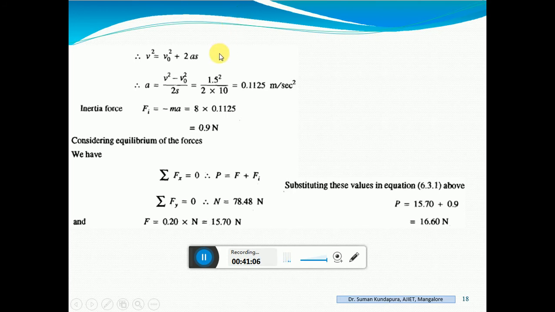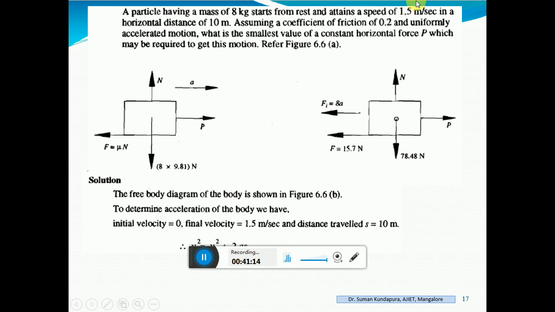Now I want to know what is the acceleration, correct? Acceleration is not given anywhere in the problem. They've given you the speed, they've not given you the acceleration. But if I want to find out Fi is equal to 8a, I need to know what is this a. So I can find that out by using the equations of motion, because they have given you the velocity and it just started from rest.